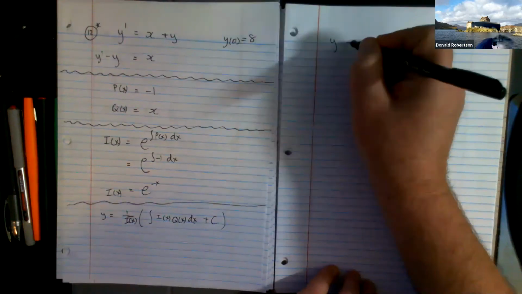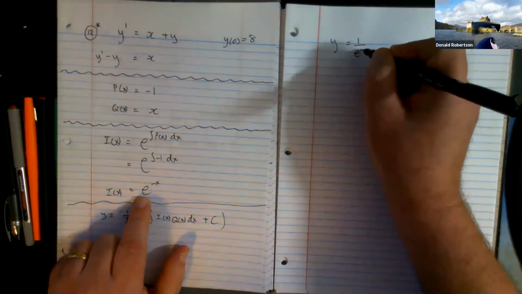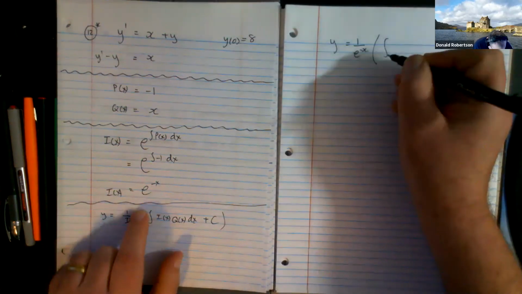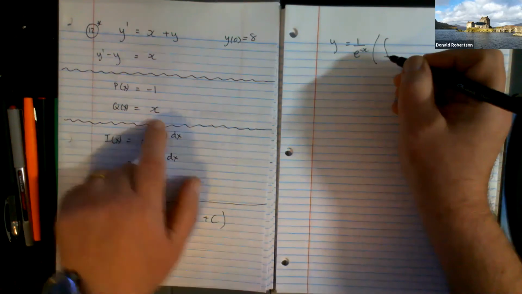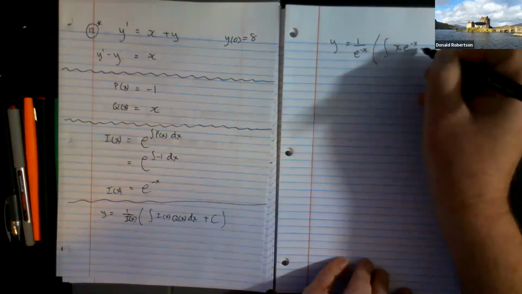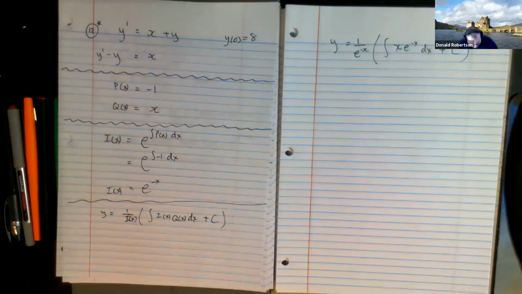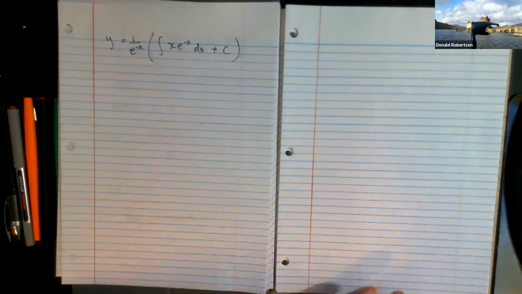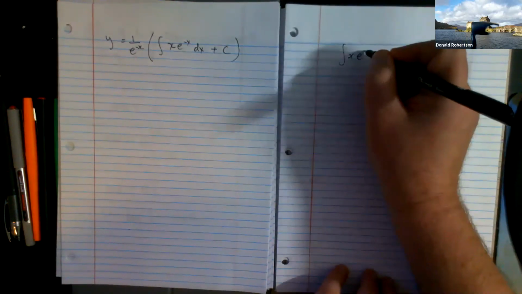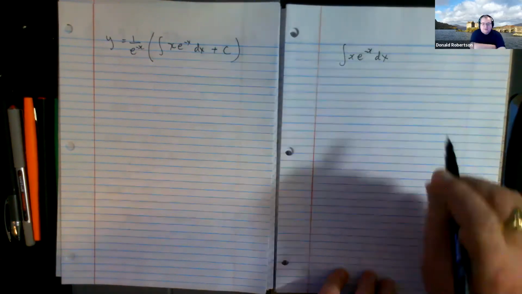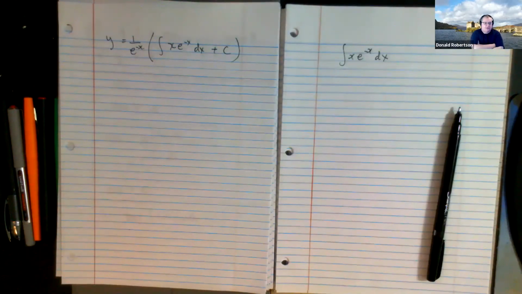So it's going to be 1 over e to the negative x, the integral of e to the negative x times this guy. We finally got our problem. I need to integrate that guy, right? What technique will I use to integrate that guy?